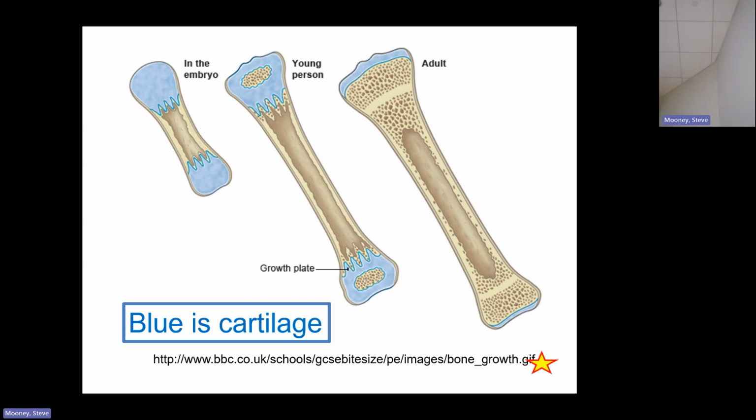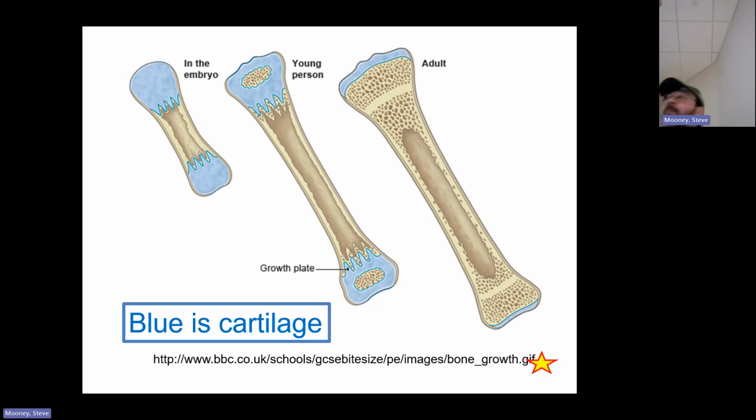Once we go through puberty, the growth plate, which is right here, ossifies. You're as tall as you're going to get. Legs aren't going to get any longer. So it ossifies. We bring in that inorganic, the calcium phosphorus component, and the cartilage we have is at the end in the joints.